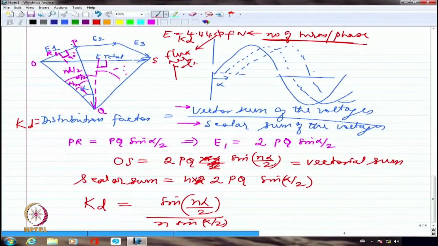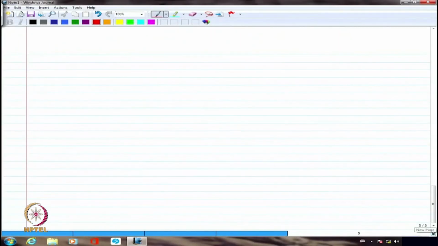There is one more factor which we normally consider, which is known as KP, pitch factor. Normally we assume that between the forward and the return, the complete angle is about 180 degrees. Especially if it is wound for 2 poles, it is going to be 180 degrees. If it is wound for 4 poles, it will be 90 degrees, but electrically, it will still be 180 degrees.